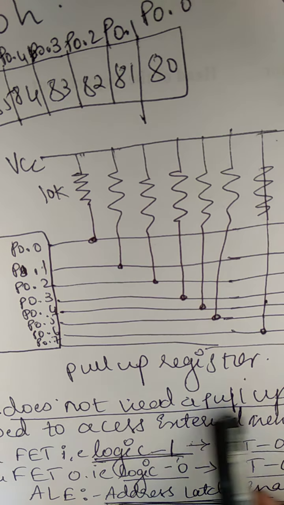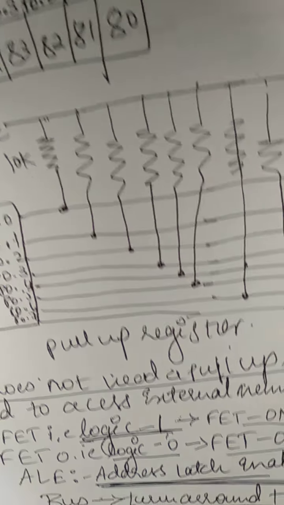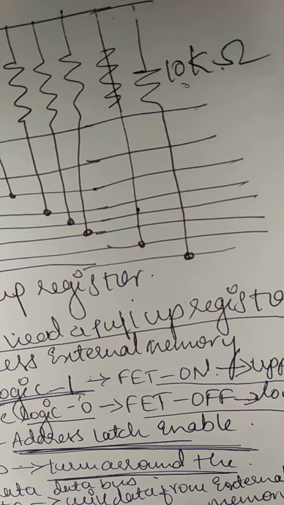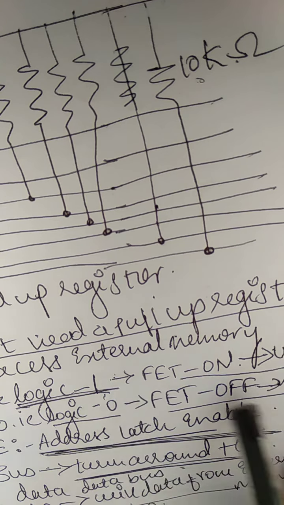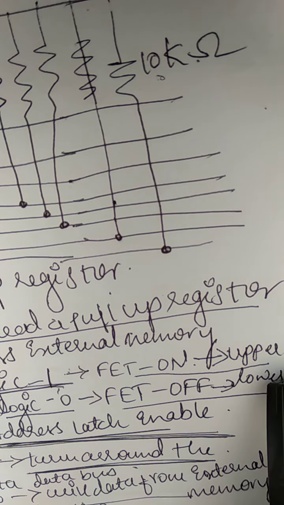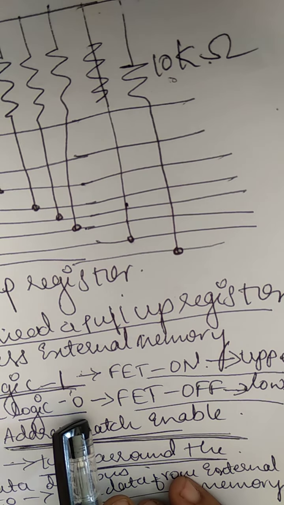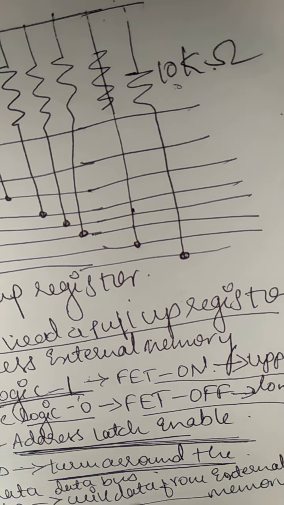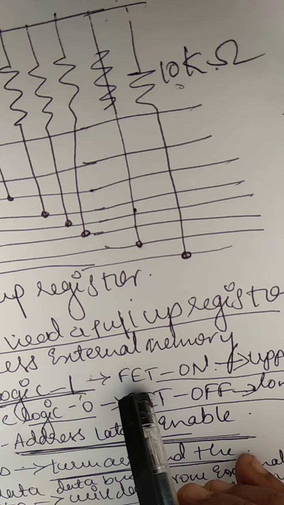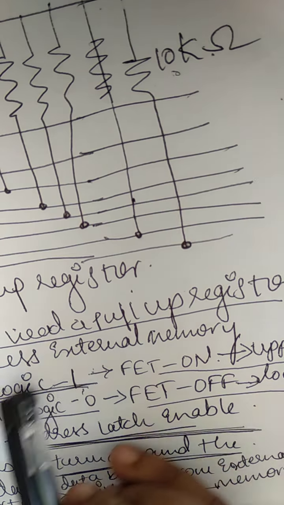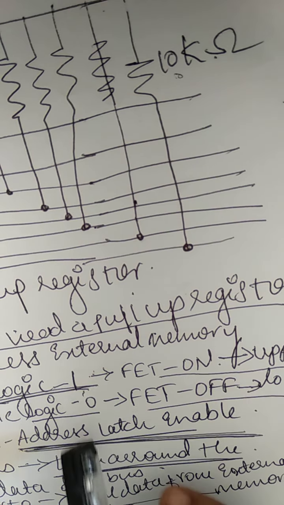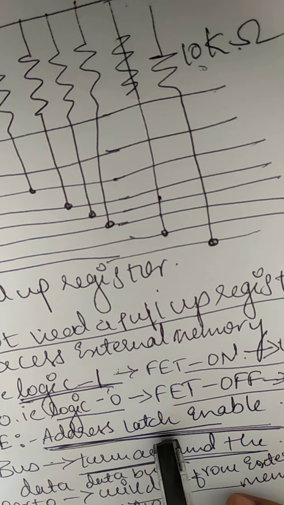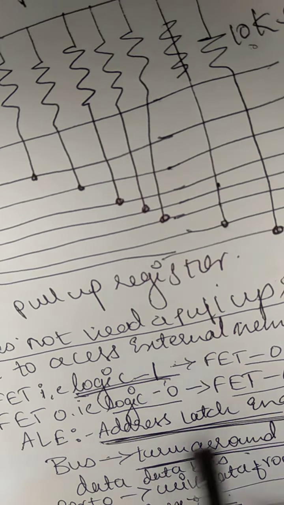When the upper and lower FET are on and the logic gate is 1, the upper FET is on. When the logic is 0, the lower FET is off. Once the address is given, it will form the addresses and latch to the external memory with the help of address latch enable, that is ALE.